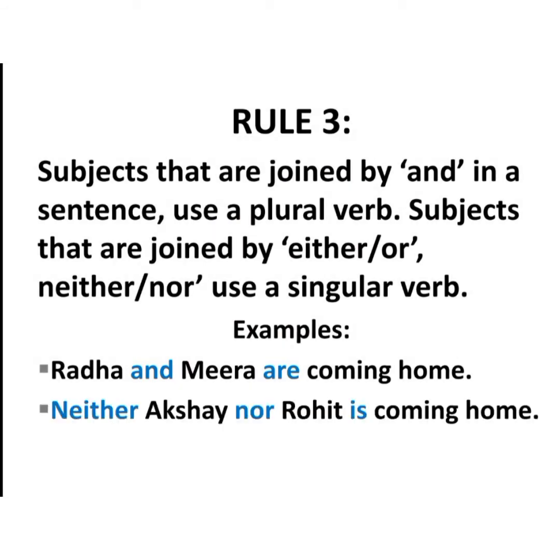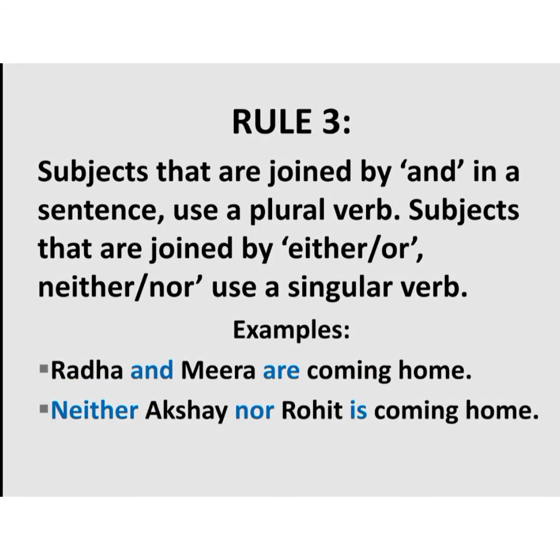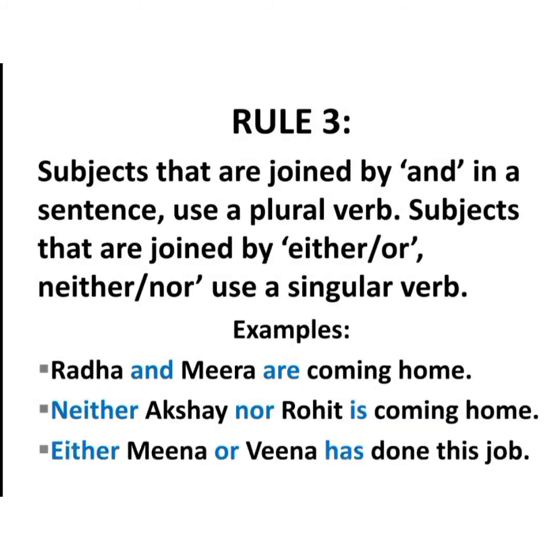Neither Akshay nor Rohit is coming home. In the second example, we have neither and nor. So we have to use singular verb. Neither Akshay nor Rohit is coming home. Second, either Meena or Veena has done this job.